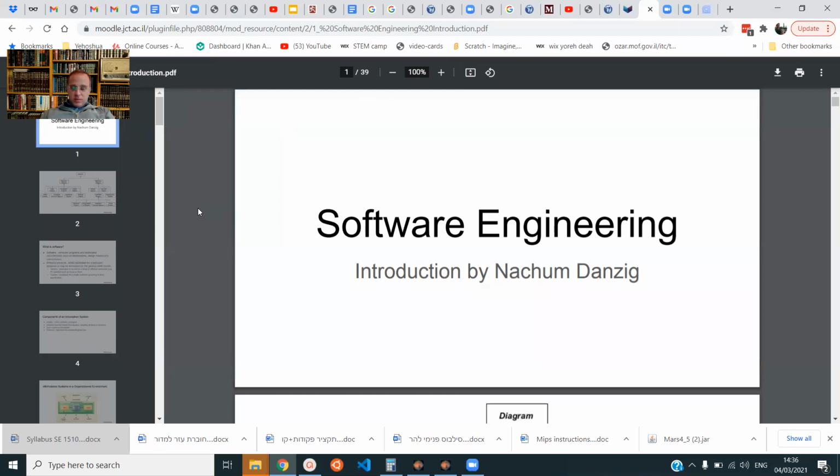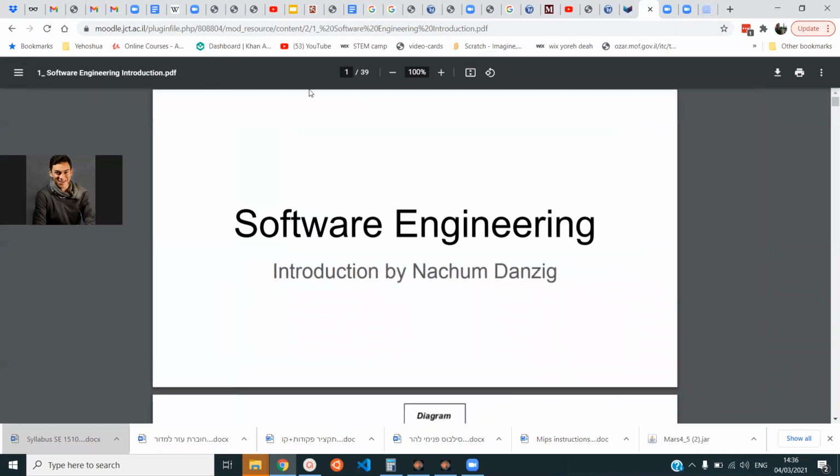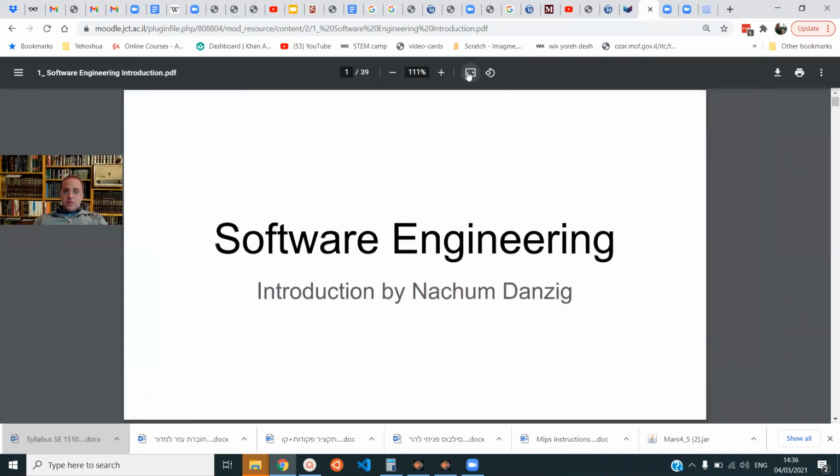Software engineering. Can I make this a better view? Yeah, you could click on the up, to get rid of the side. And then next to the 100, two buttons to the right, no, left. That doesn't do much, but okay.